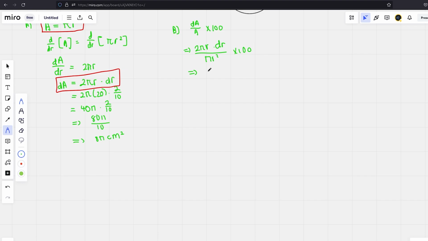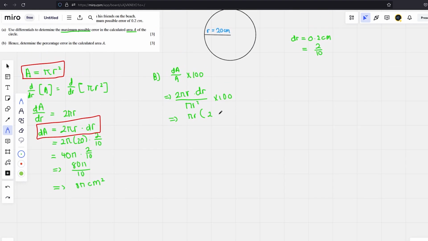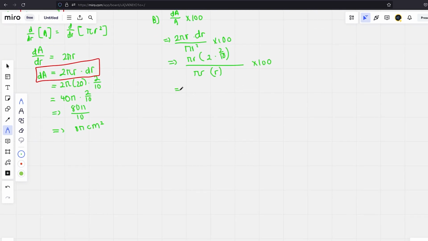And if I simplify this, I can notice that I have a pi r on the numerator and the denominator. And before I put dr down, let's not forget that dr is 2 over 10. Factor out a pi r from the denominator. And let's cancel these out.